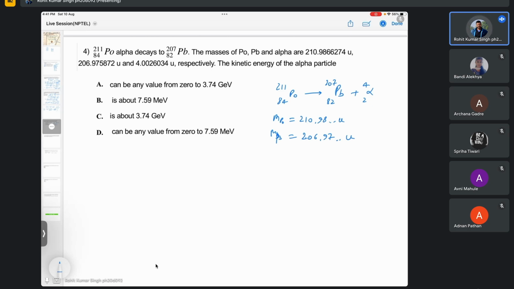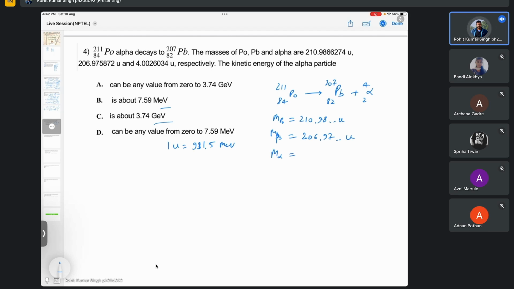So you know that 1 U is equal to 931.5 MeV, right? Because the answers are in MeV and GeV, eventually we'll have to convert it.